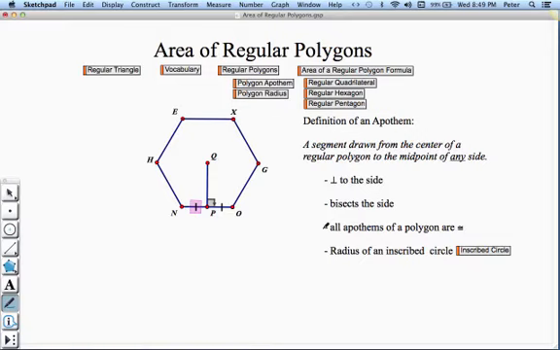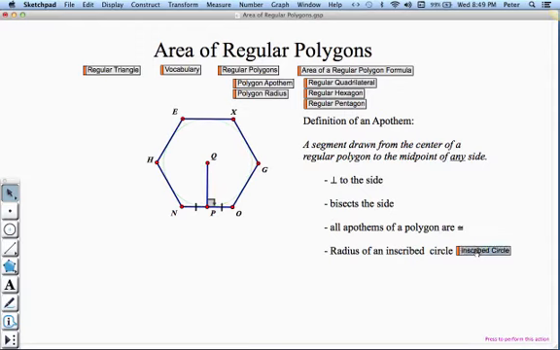And finally, it would be the radius of an inscribed circle. So if I were to inscribe a circle inside this hexagon, all of the sides would be tangent to the circle, and the apothem here would be its radius.